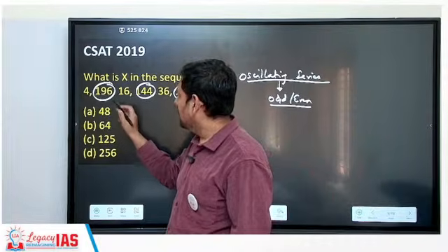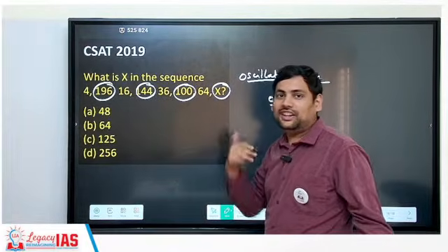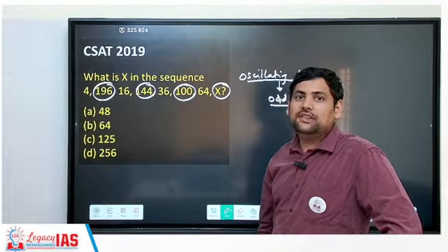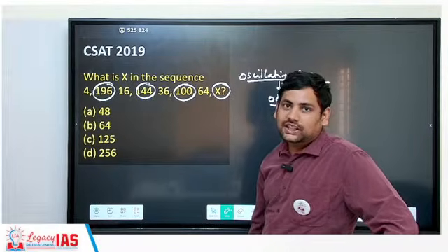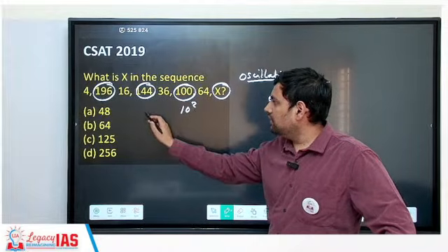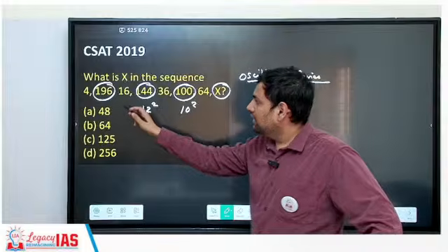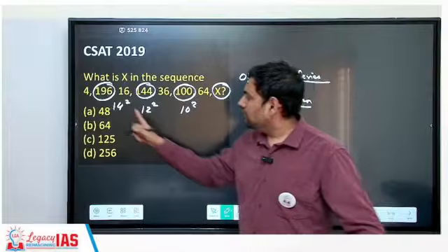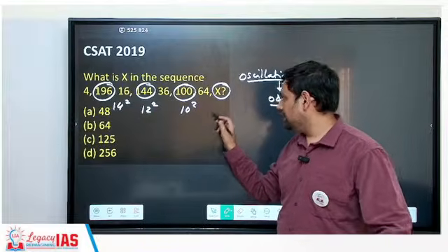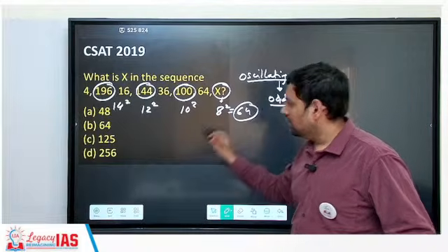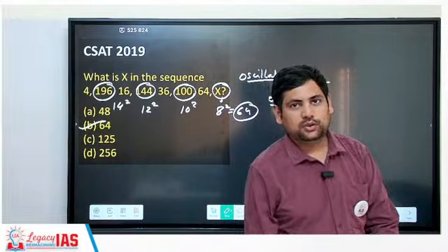So this is 196, 144, 100. What pattern is this? Squares. Okay, 100 is 10 square. 144 is 12 square. 196 is 14 square. So 14 square, 12 square, 10 square, next would be 8 square. 8 square is 64. The answer becomes B, 64.